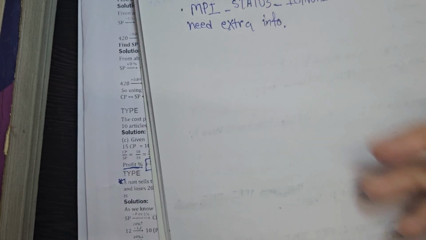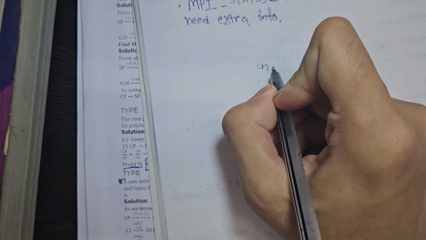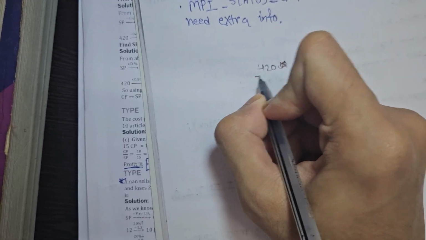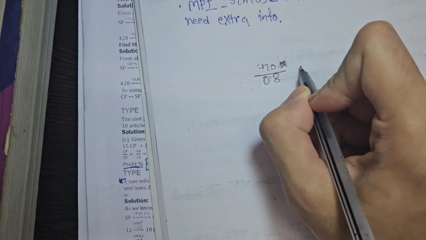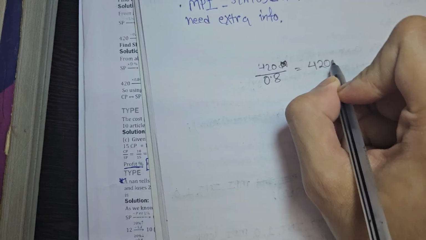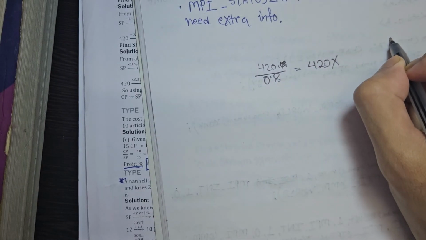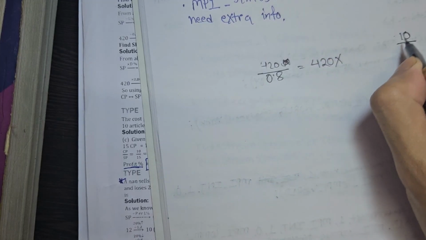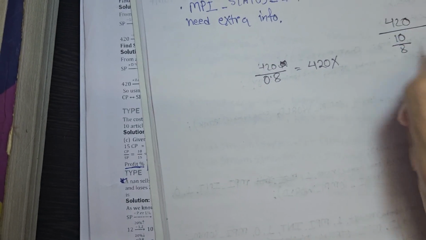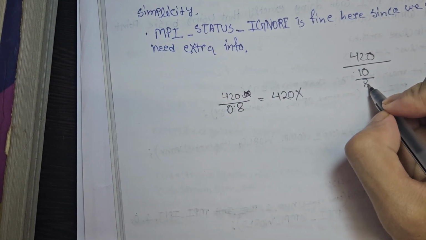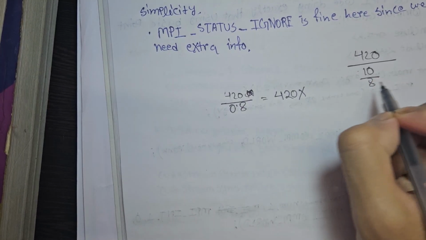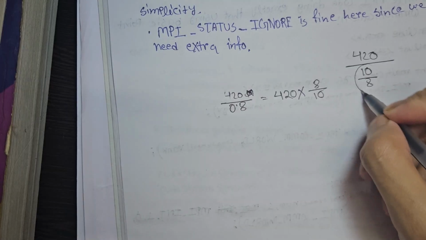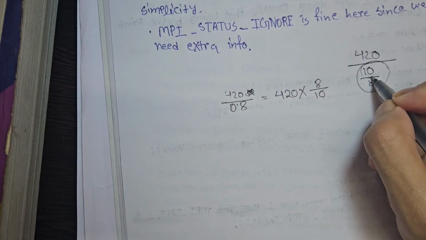Because it is reducing, in a loss manner. So we would have 420 divided by 0.8. We can also write this as a fraction. The 0.8 we write as 8 by 10, so 420 divided by 8 by 10 becomes 420 multiplied by 10 by 8.